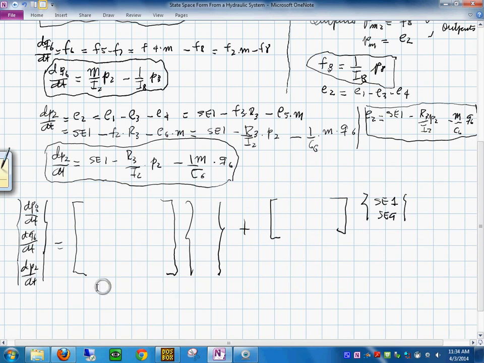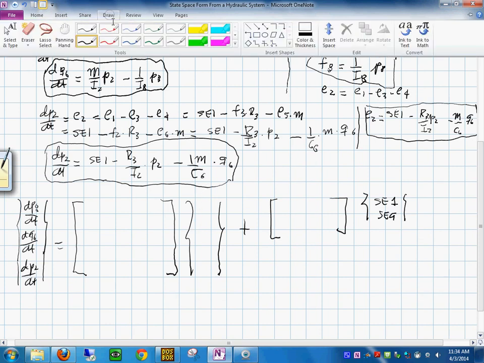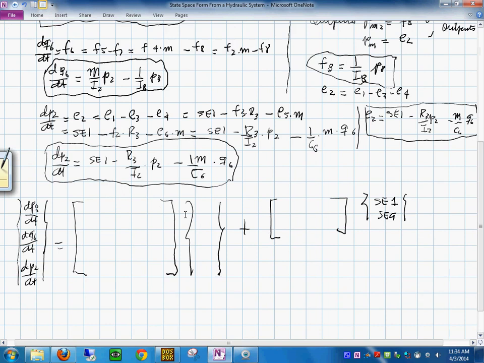Okay, so in here we go. This would have the state variables. Like in here you have P sub 8, and then you have Q sub 6, and then you have P sub 2. So what is the idea here?